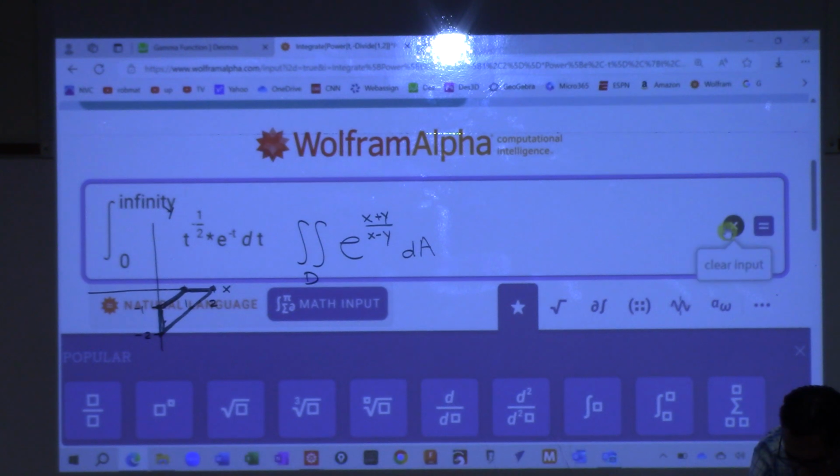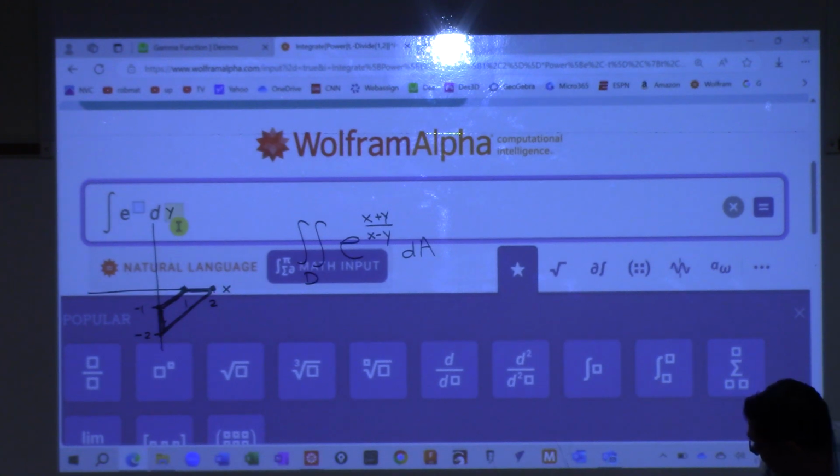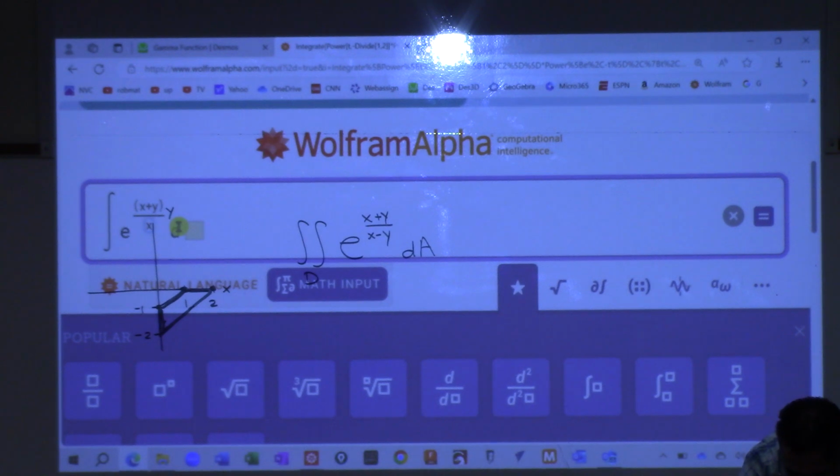Let's do e raised to x plus y over x minus y. And you want to do that with respect to x or y first? X. It wouldn't matter, right? They're both about the same.